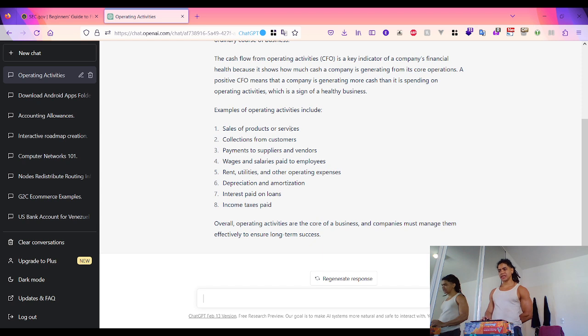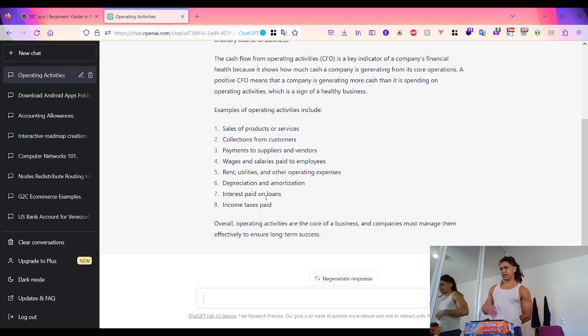Okay, operating activities include sales of products and services, collections from customers, payments to suppliers and vendors, wages and salaries paid to employees, rent, utilities and other operating expenses, depreciation and amortization, interest paid on loans, income tax.